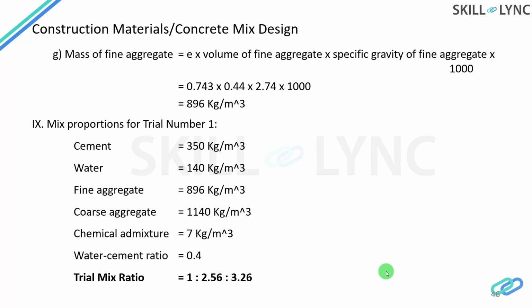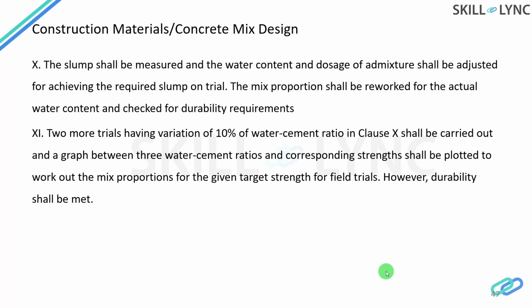So while doing the concrete mix design, we have to keep in mind two conditions. First, the slump value, which is calculated by slump cone test for the concrete: the water content or the dosage of admixture can be adjusted to achieve the slump required for the mix proportion.